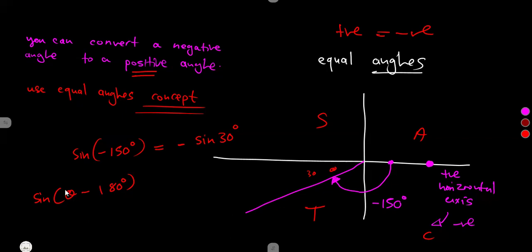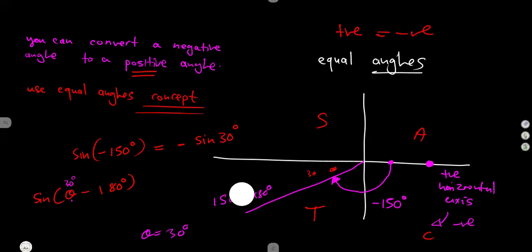Which angle should we put here so that theta minus 180 degrees gives minus 150 degrees? It's an equation, guys, because you want to know this theta. So you take the 180 to the other side, where it becomes positive. Theta is equal to minus 150 plus 180, which is 30 degrees. So our theta is 30 degrees.